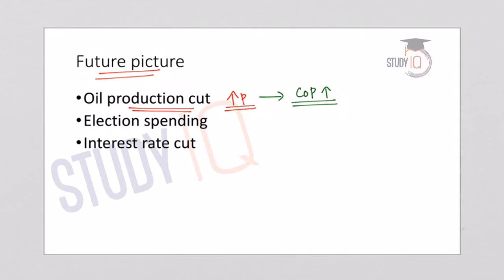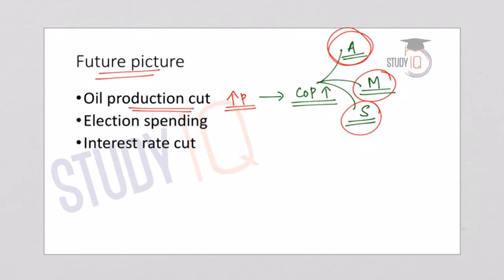An increase in the cost of production will impact all the sectors which are dependent on oil as a raw material or as an input. The agricultural sector is dependent on oil, the manufacturing sector is dependent, and also the services sector. So it clearly means that there will be an impact on the agricultural, manufacturing and services sectors. So there will be inflation. This is the first challenge for India.